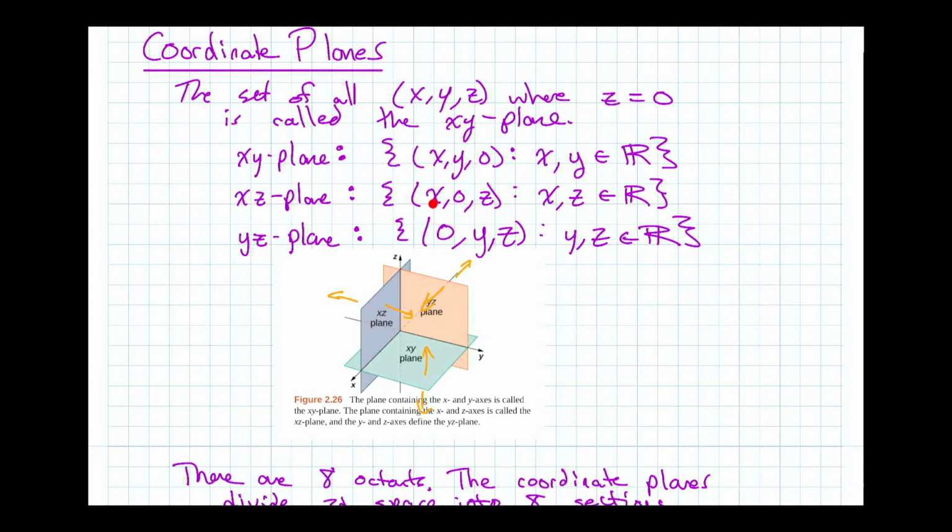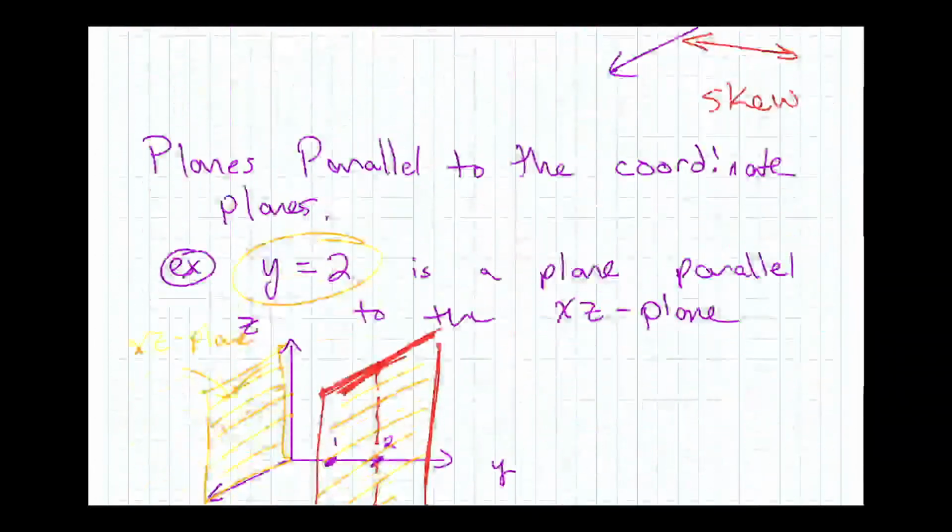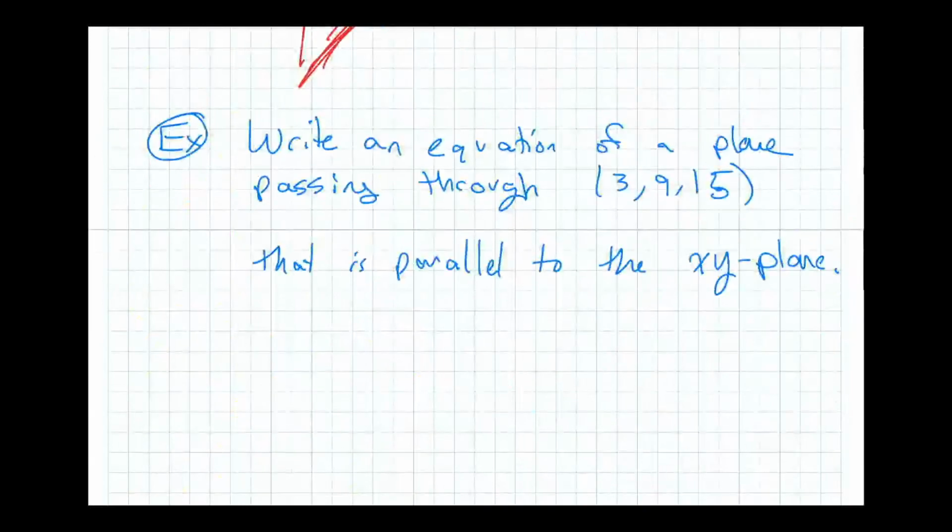The xz plane is y equals 0. If you change the y to something else, then you take the xz plane, which is this one, and you move it left or right. Right? So what you would need to know when you get a question like this is, if they tell you that it's parallel to the xy plane, then the equation must be z equals something.